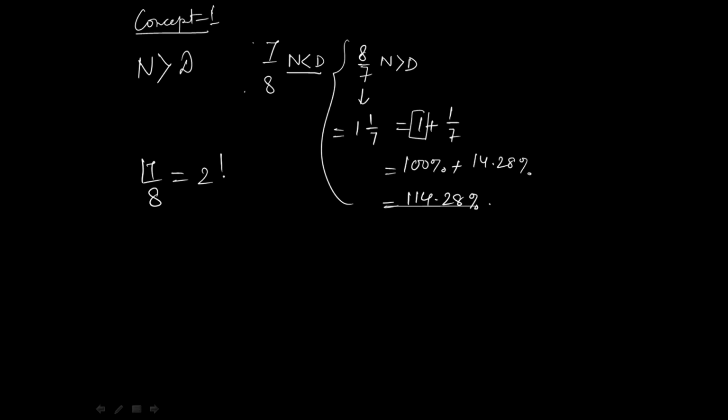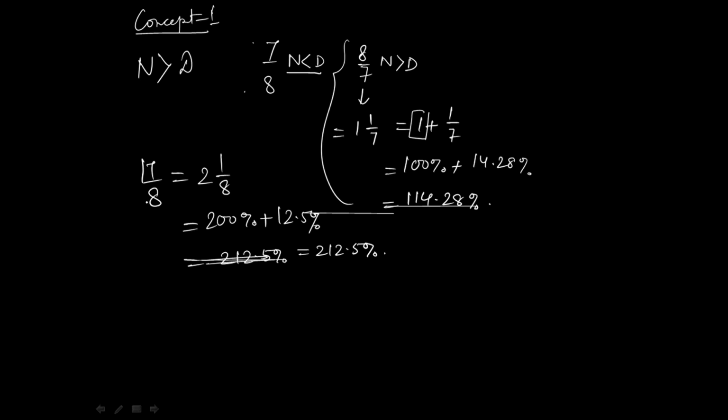Remainder is 1. It is 1 by 8. So this 2 is actually 200%, and 1 by 8 we have learned is 12.5%. So it will be 212.5%. Okay, so that is how to solve it.